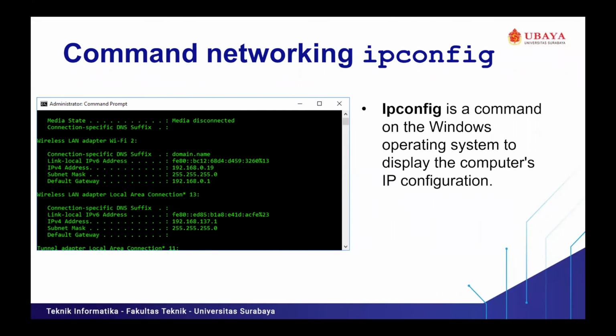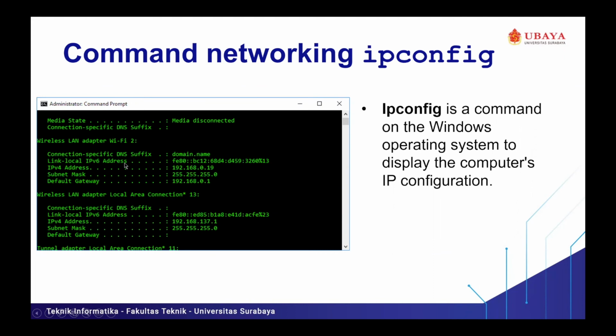So you can also use ipconfig. ipconfig is a command on the Windows operating system to display the computer's IP configuration. If you want to know your local IP, you can just use the ipconfig command. And if you want to know the default gateway of your internet connection, you can also use ipconfig.